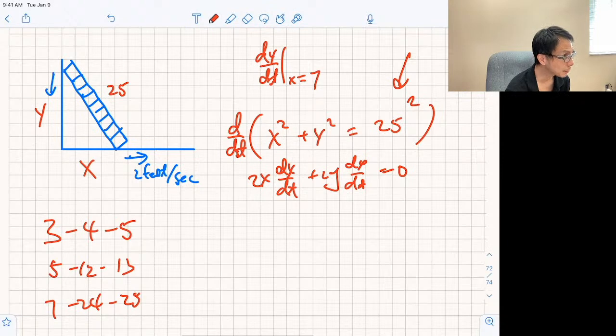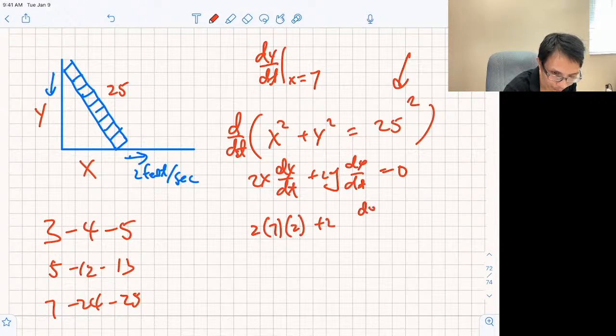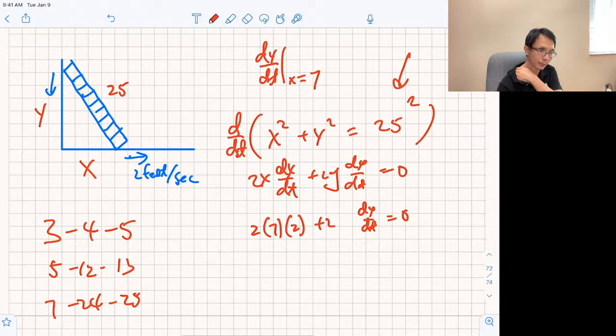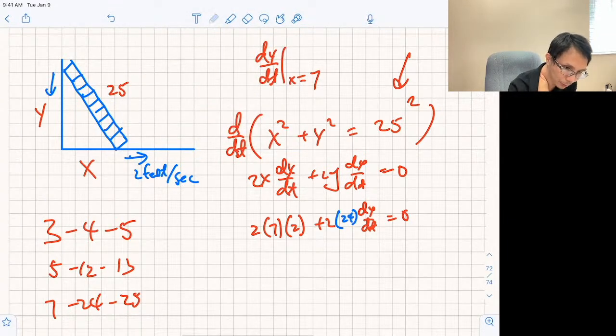We have questions here? Now, do we have the x? We have the 7, right? Do we have dx/dt? 2, right? Plus 2, do we have y? We do now, because 7, 24, 25, so 24. And this 24, I get it from the Pythagorean theorem. So if I really want, I can do 7 squared plus y squared is equal to 25 squared.